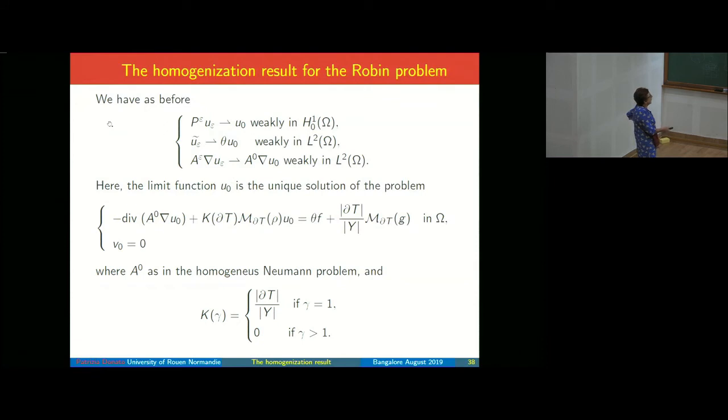If gamma is bigger than 1, this term does not exist. But if gamma is equal to 1, this term is the measure of dT over Y multiplied by the average on dT of rho. And on the other side, we have the measure of dT over the measure of Y multiplied by the average of dT over g. Okay.